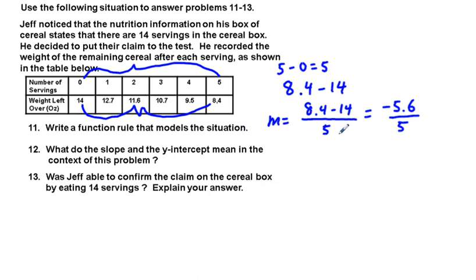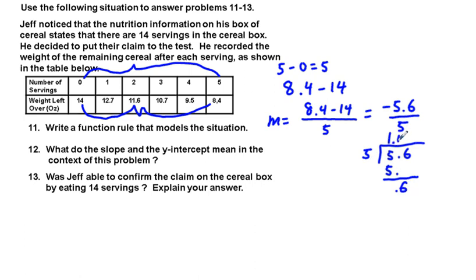So our function that models the situation would be, what is 5.6 over 5? It's going to be 1.12, I believe. Let's go ahead and put this out here. We'll have 5.6 and 5. That's going to be 1 and 5. Okay. And then we're going to bring down this 0.6 or 6. How many times is it going? 1.